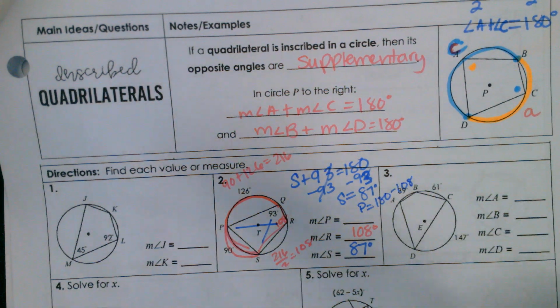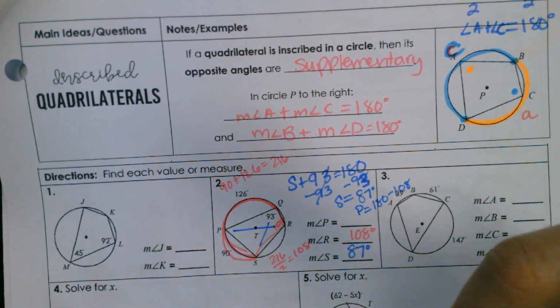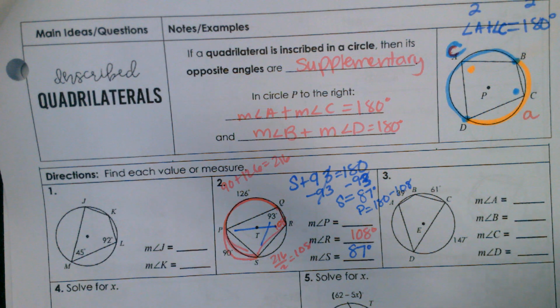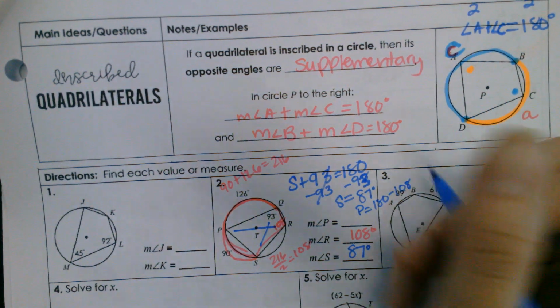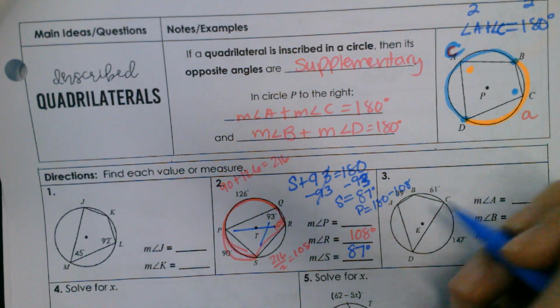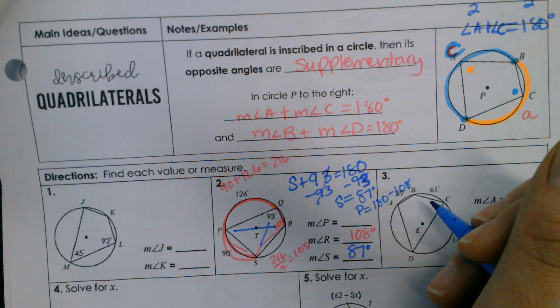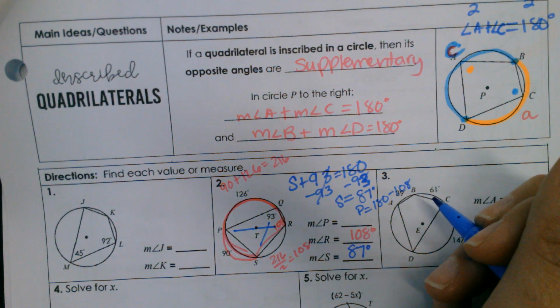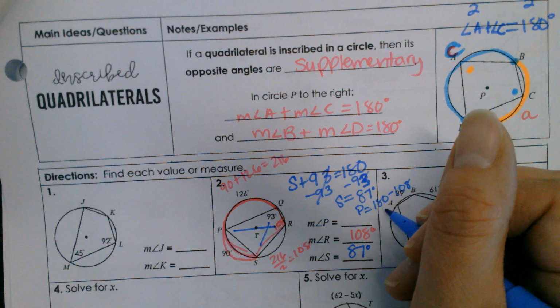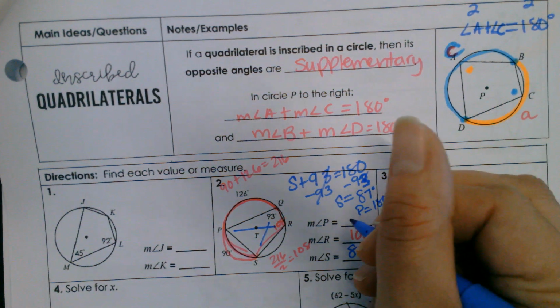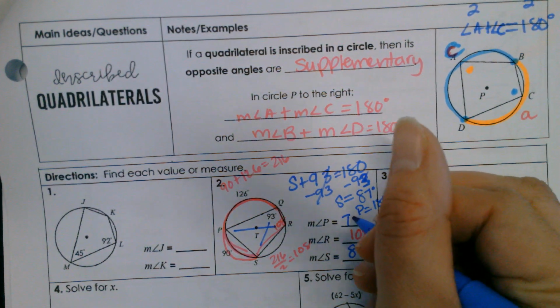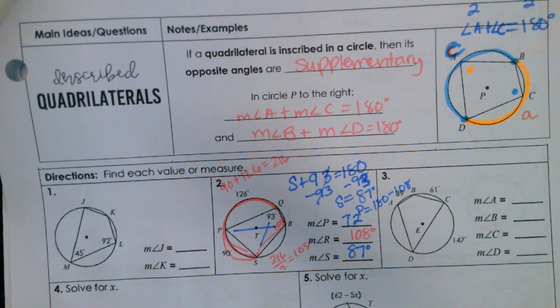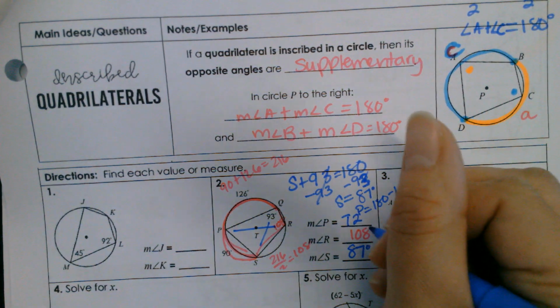It comes back quick. What's 180 minus 108? What's 172. Very good. Oh, 72. 72. It's okay. She meant 72.